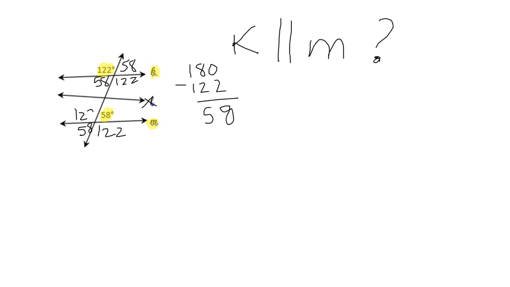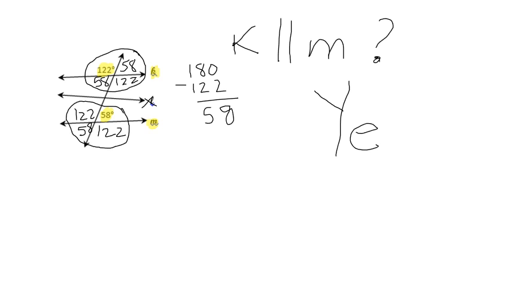We don't have to do subtraction twice. And what we need to do is compare the two neighborhoods. So if you compare those two neighborhoods, look at the numbers, look at where the numbers are. Are they in the same exact place? And the answer is yes. These two lines are parallel because their neighborhoods are identical.